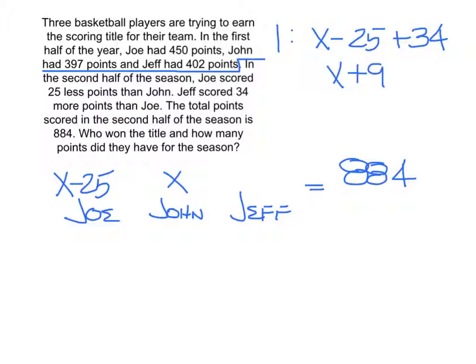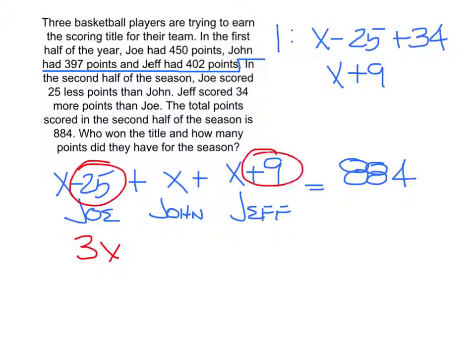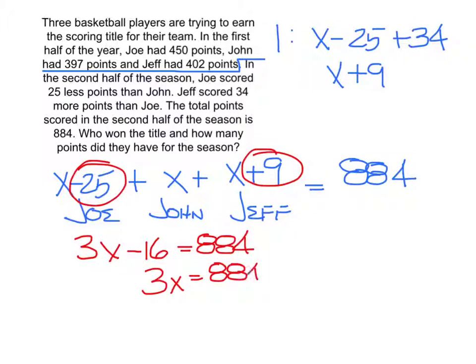So x plus 9 is going to be Jeff. Now we have 3 x's in this problem. What's negative 25 plus 9? Minus 16, yes. I'm going to have to add that 16 to the right side. It's minus on the left, so I'm adding 16 on the right.